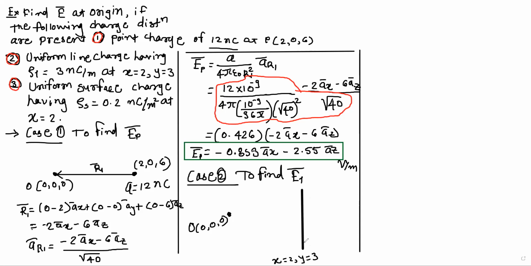It would be constant for the entire length. And second thing is the charge which is distributed on this has a value rho L. Rho L is the line charge density. And how much is it? They have given rho L equal to 3 nanocoulomb per meter.